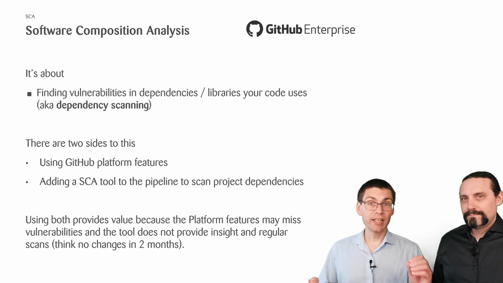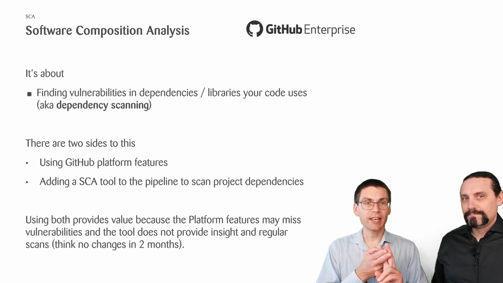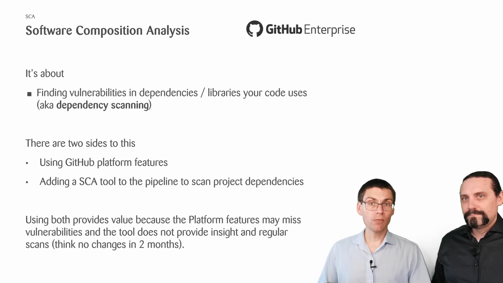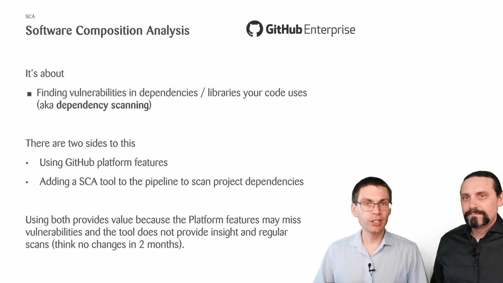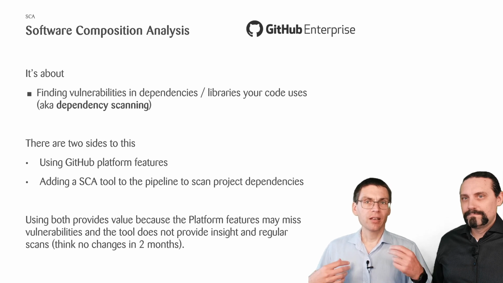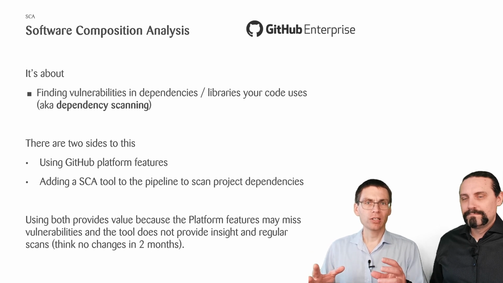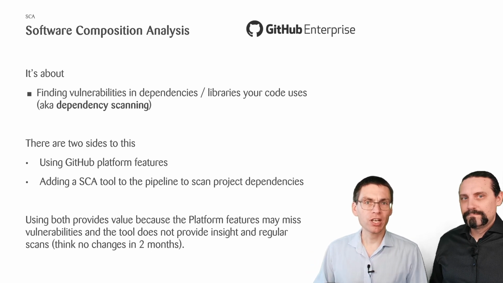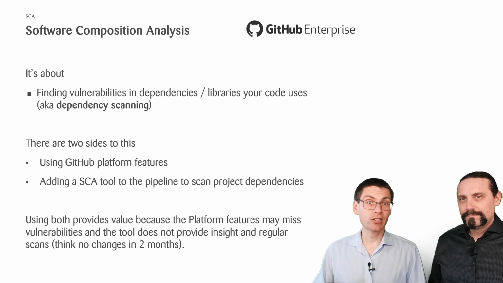When it comes to GitHub, there are two sides to this. One is we can use GitHub platform features, and two, we can add a software composition analysis tool to the pipeline so that we can scan project dependencies directly and under our own control.